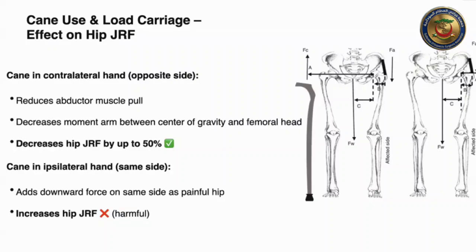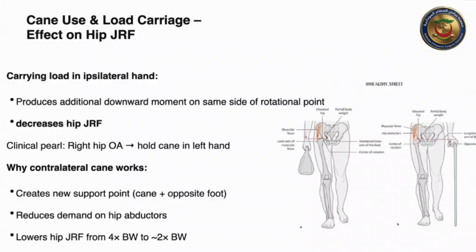When we use a cane in the contralateral limb with a higher lever arm, it reduces the force that comes from the weight. At equilibrium, we multiply the weight by its lever arm and divide by the lever arm of the abductors, so the abductor force needed will be less, and the total vector, or joint reaction force, will decrease. The opposite happens when you use the cane on the ipsilateral affected hip.